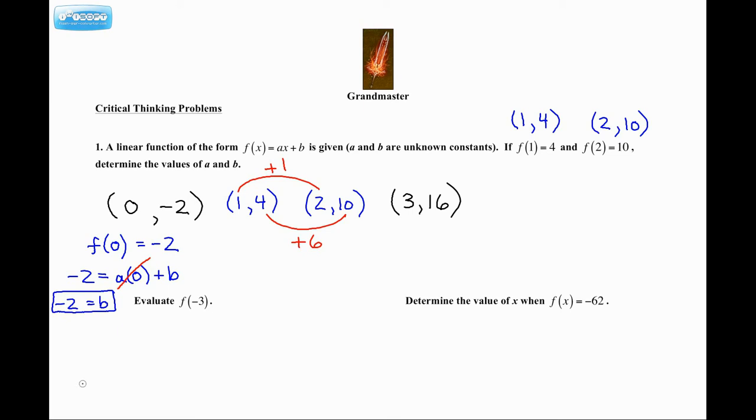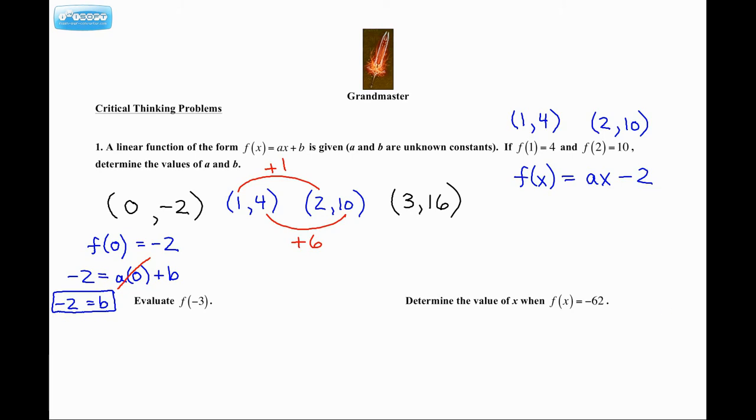Now our function, we don't know it completely yet, but we can write out a little bit more. Instead of saying f of x is ax plus b, we know that it is ax plus negative 2, or just minus 2. We were able to fill in this missing piece. So now the only thing that's unknown is a.